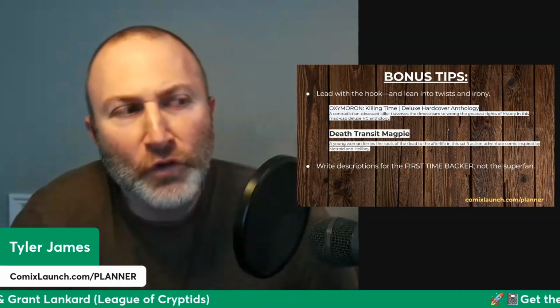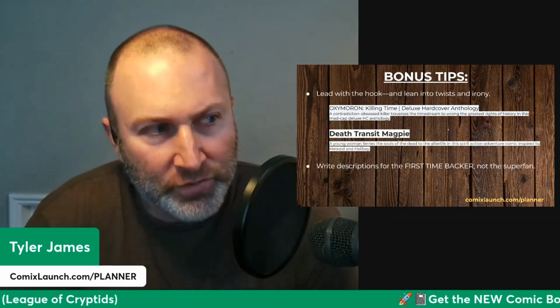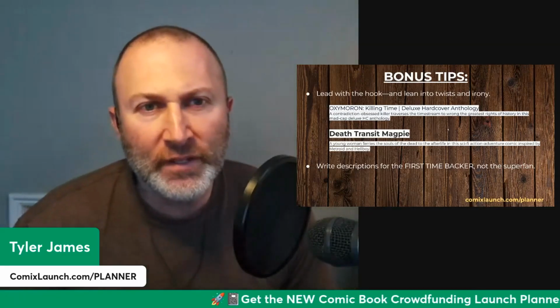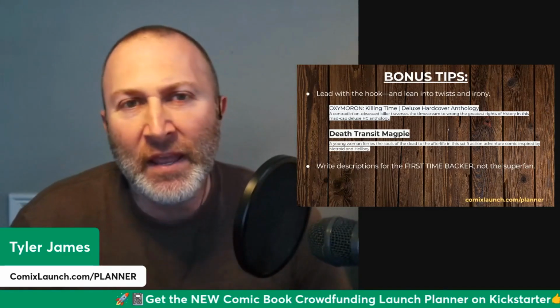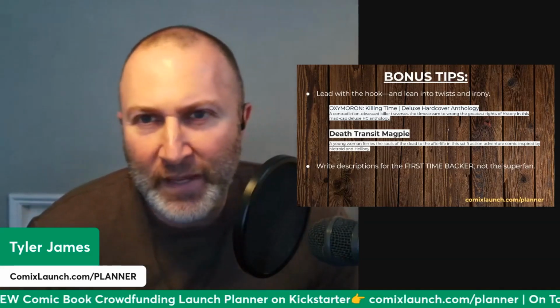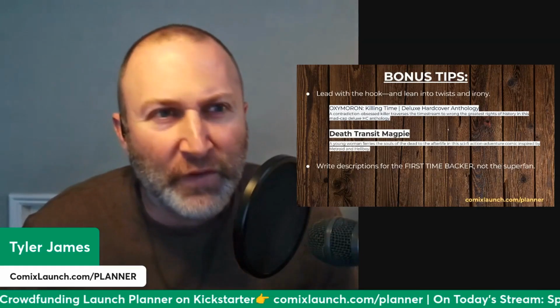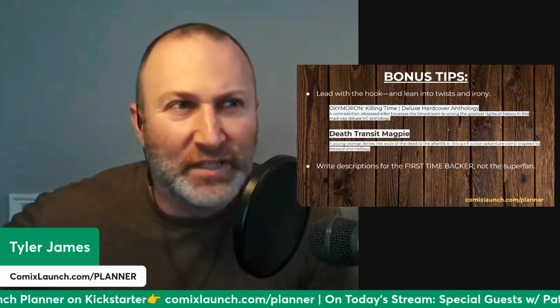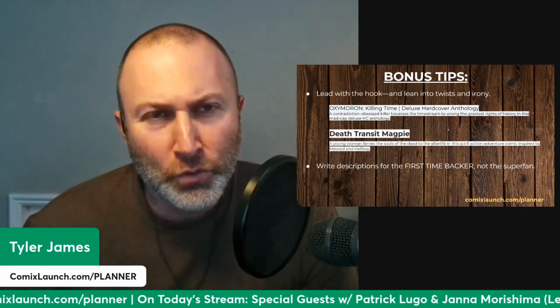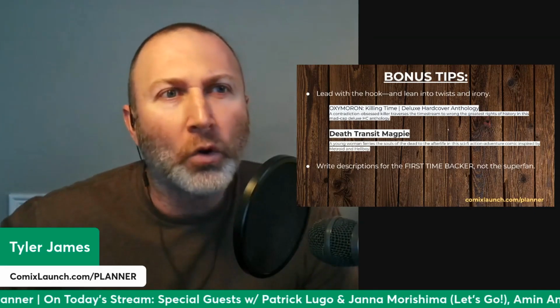Write descriptions for first-time backers, not the super fan. Sometimes I see creators writing their project descriptions using specific names of specific characters or specific locations of places that they've made up that only mean something to people that already are super fans.